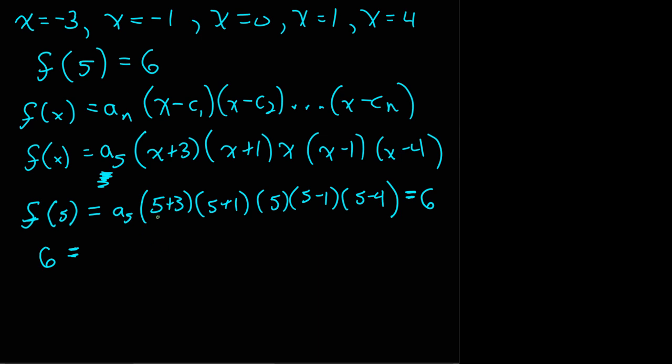And I'm going to just multiply all these numbers. So 5 plus 3 is 8. 5 plus 1 is 6. 5. 5 minus 1 is 4. 5 minus 4 is 1. And they're all times a sub 5.